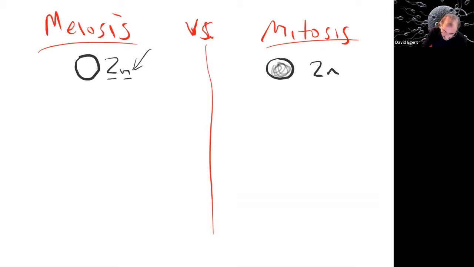And what happens next? How are meiosis and mitosis different as we start cell division? People have got to remember this a little bit.